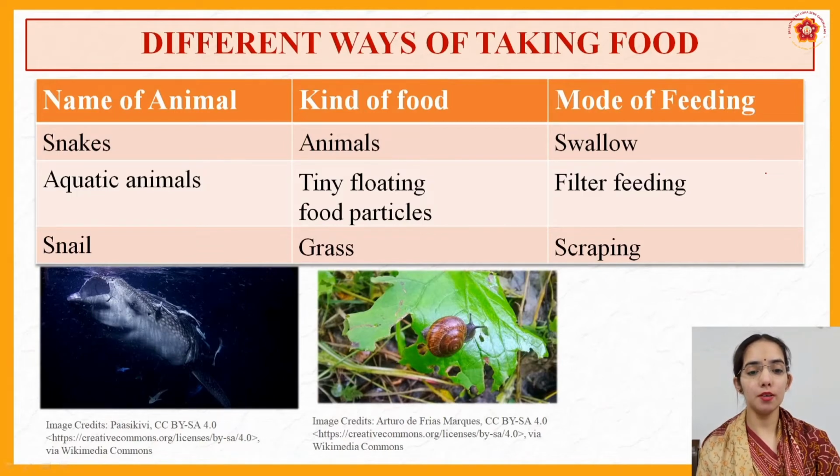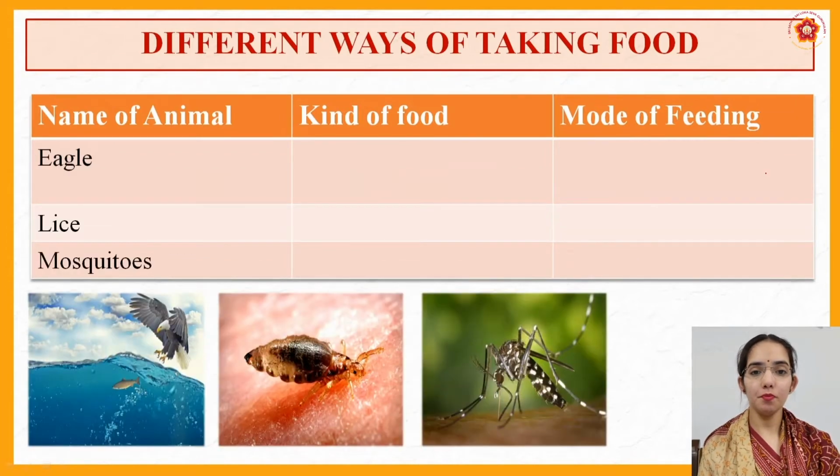As the snail moves through this structure, it will remove the upper surface. So this mode of feeding, in which the organism starts scraping off the outer surface, is called scraping.